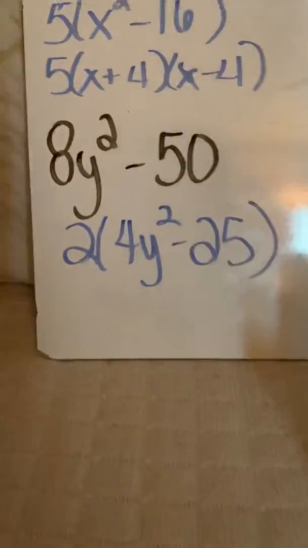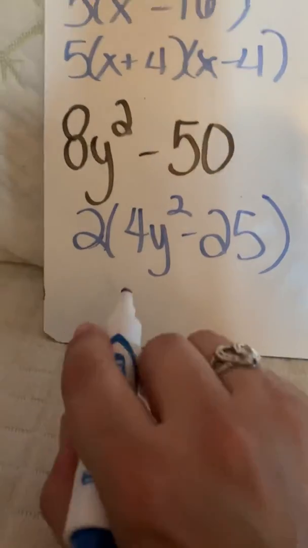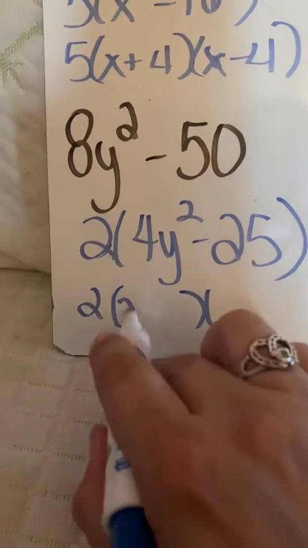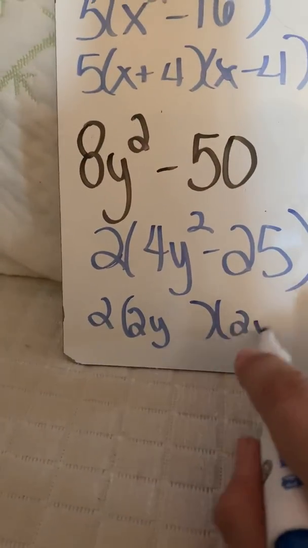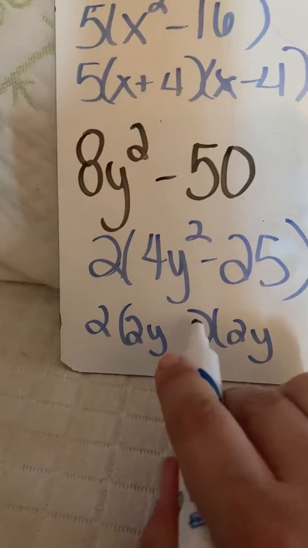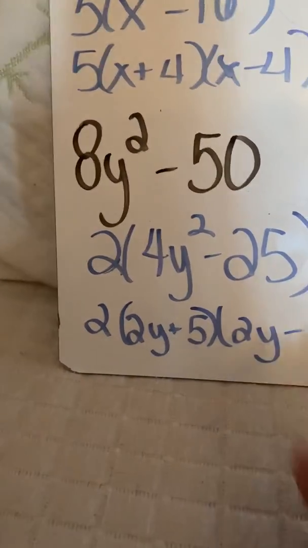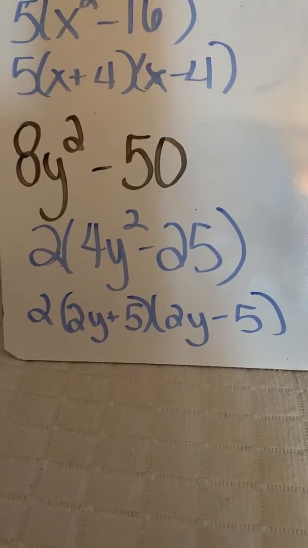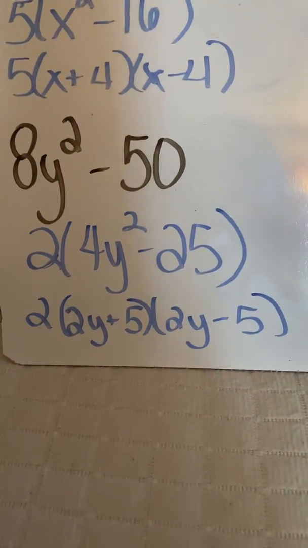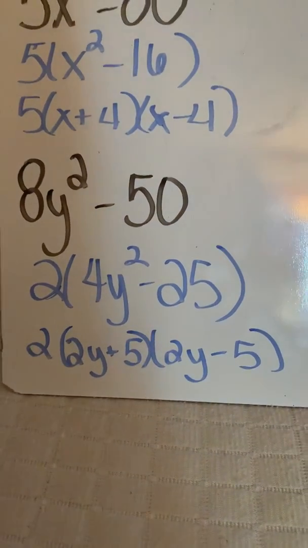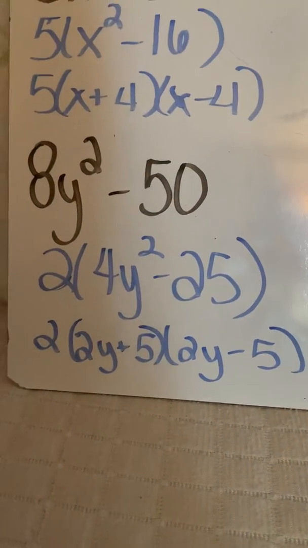From here, let's just factor the difference of squares. So we got our 2. What's the square root of 4y squared? 2y. What's the square root of 25? 5. Throw in a plus, minus, factored. I think these are fun, actually. I love the difference of squares because they are simple factoring problems.